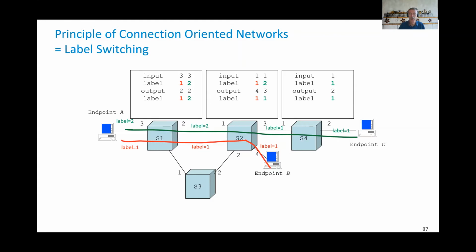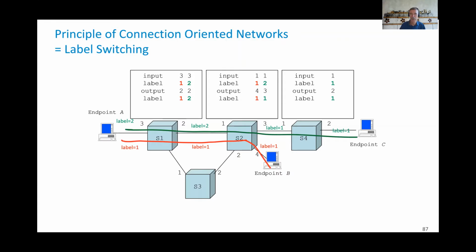This drawing is illustrating how things happen. We have here S1, S2, S3, S4 that are intermediate systems of this connection-oriented network layer. They are called MPLS routers. Sometimes they are called MPLS switches. And you have hosts also here.